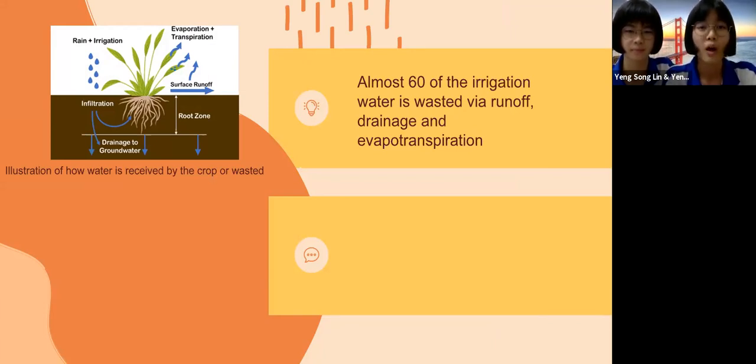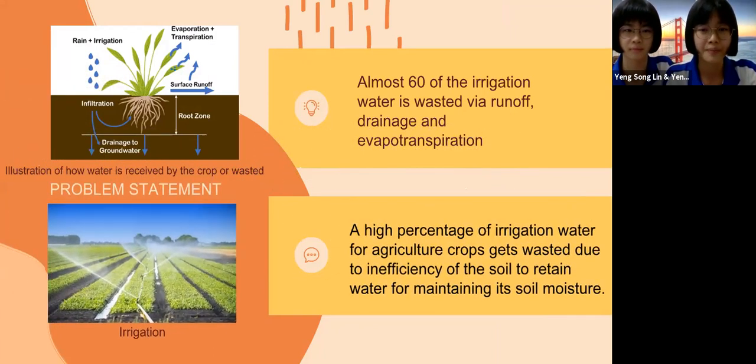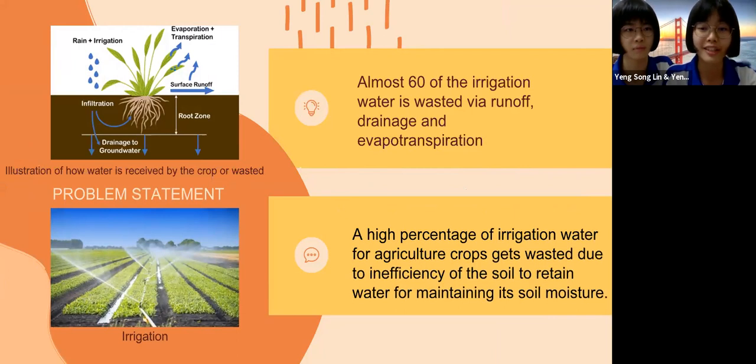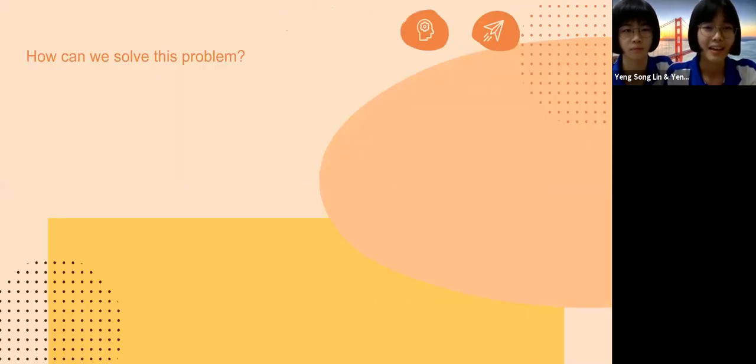So it means that every time we water the crops, a large amount of water is just wasted. So the problem we face now is a high percentage of irrigation water is wasted due to the inefficiency of the soil to retain soil moisture. Hence, how can we solve this problem?